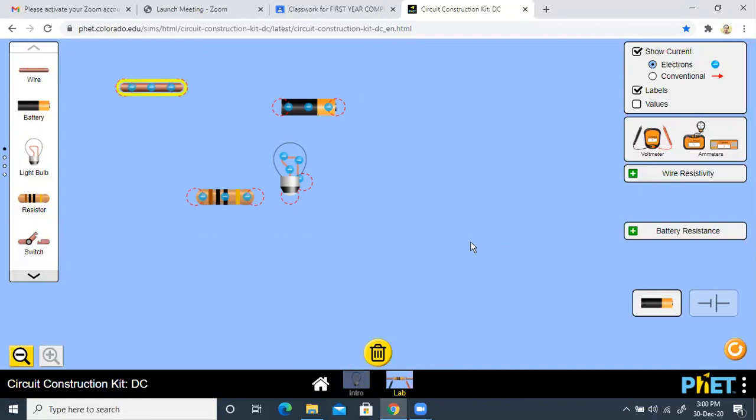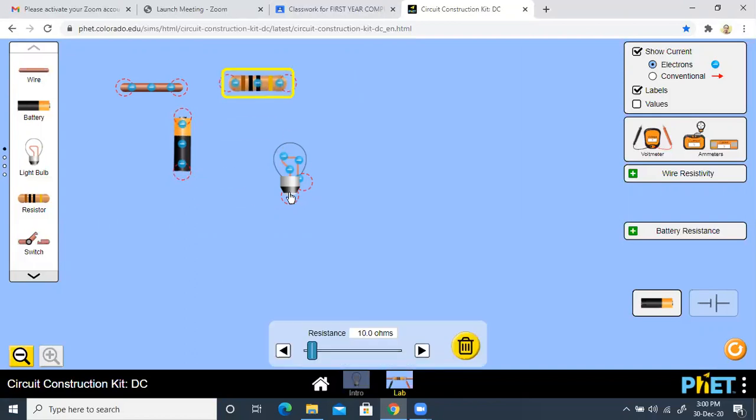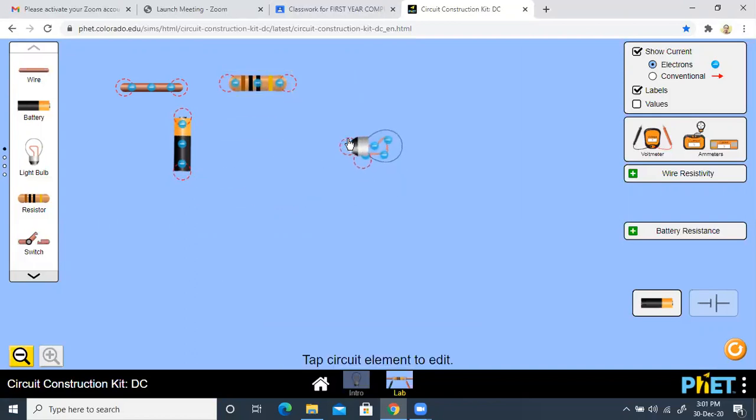Okay, so let us now form an electric circuit consisting of a battery, a lamp, and a resistor. Let us connect all these components and see how the circuit works.